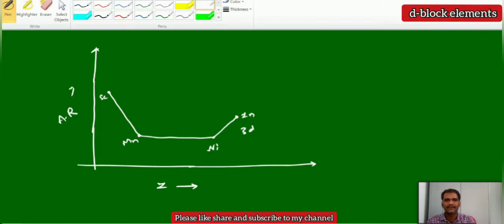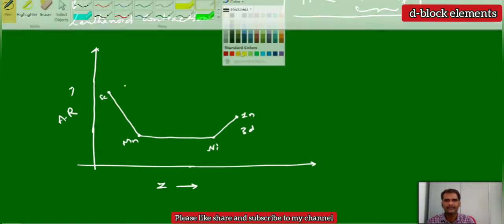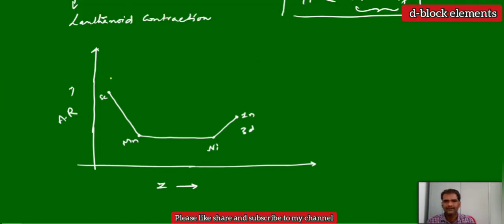If I take 4d and 5d, in the case of the 4d series, we can see the change like this. Almost here also, in the middle of the elements it decreases, again it will increase. You can see this kind of observation here.